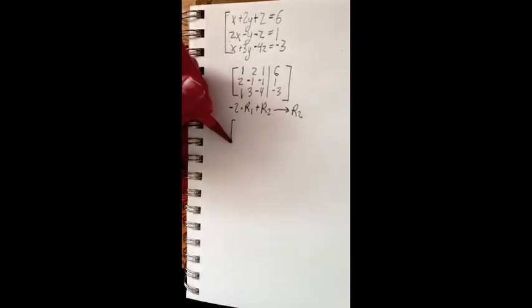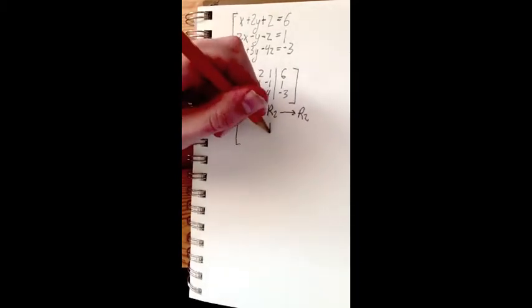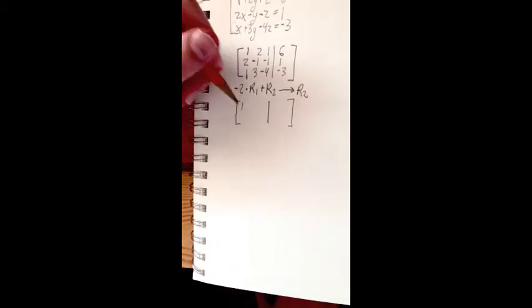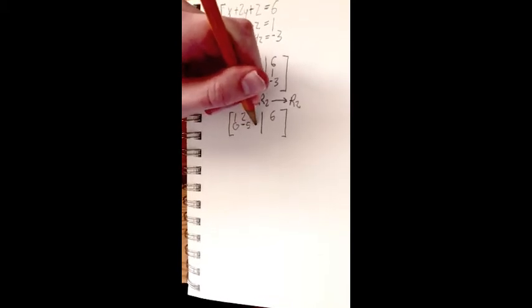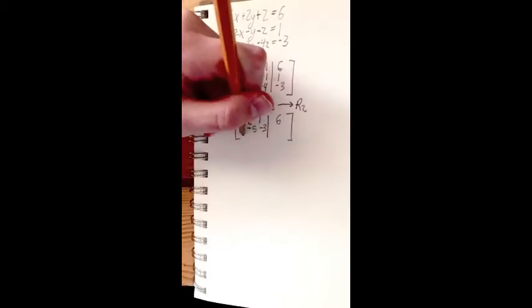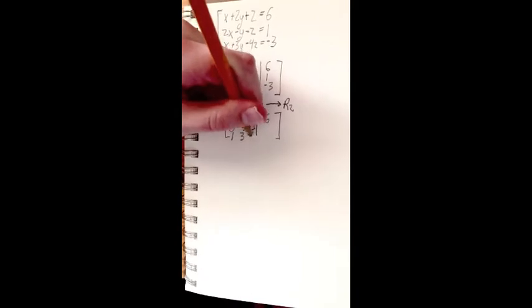So our new matrix is going to be 1, 2, 1, 6, 0, -5, -3, 1, 3, -4, -11, and -3.